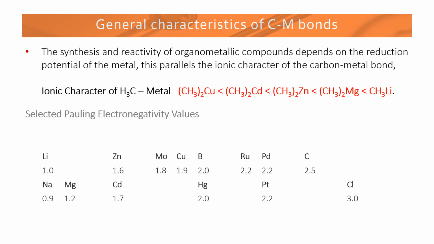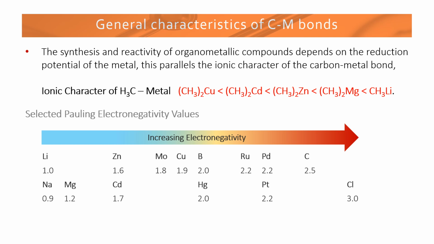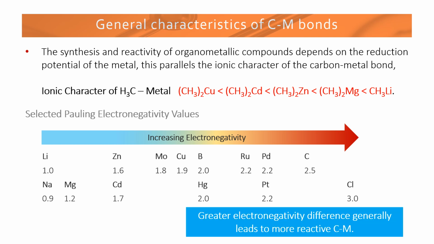Reactivity of organometallic compounds depends on the reduction potential of the metal. This parallels the ionic character of the carbon-metal bond. Notice that when we're looking at electronegativity values, you can see there's an increase from lithium, zinc, all the way to carbon. If we compare a lithium-carbon bond, you can see there's a difference of 1.5.